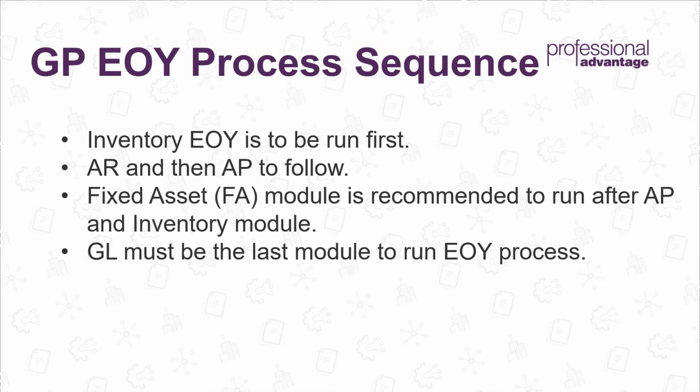They are the typical sub-modules that we need to do end of year process for, if you so wish. But general ledger and fixed asset module are the two modules that you must do end of year process for, to get the data processing for the future year, as well as some of your key financial reports working correctly.